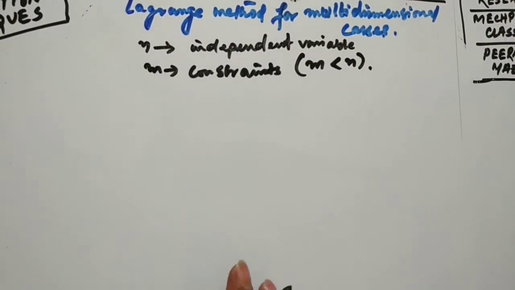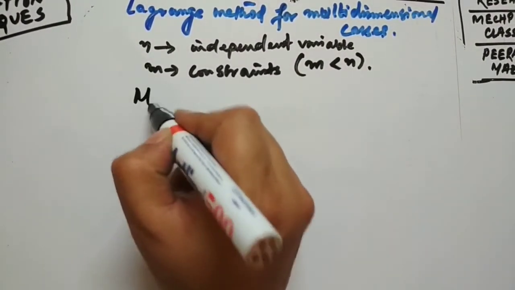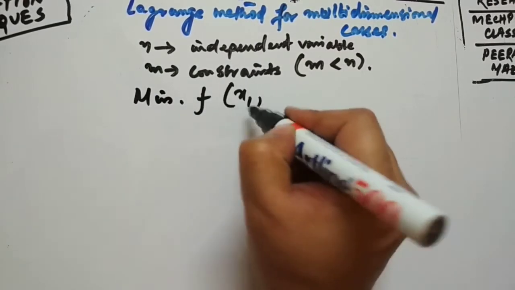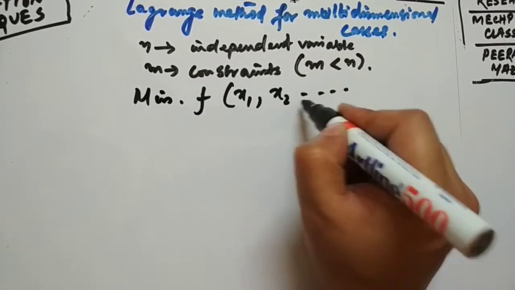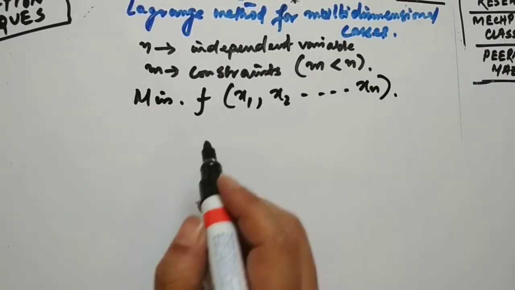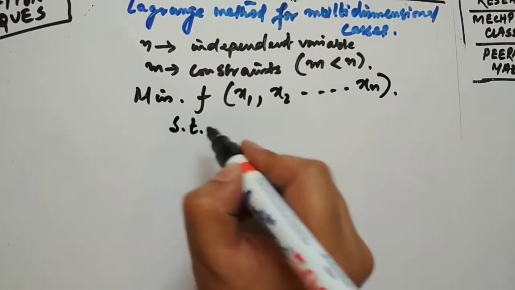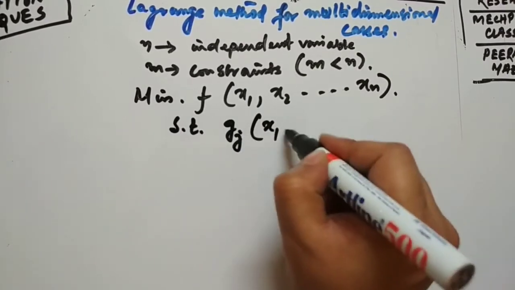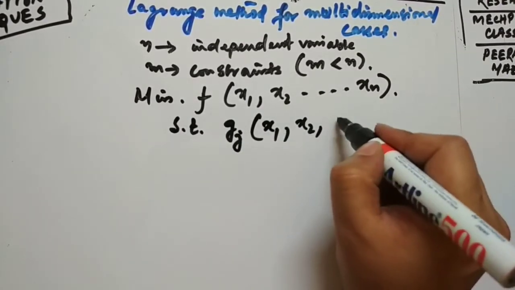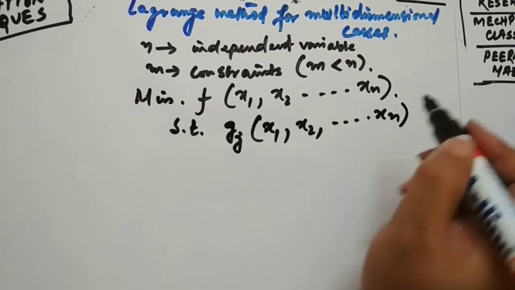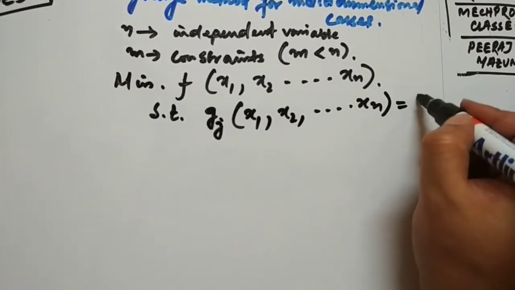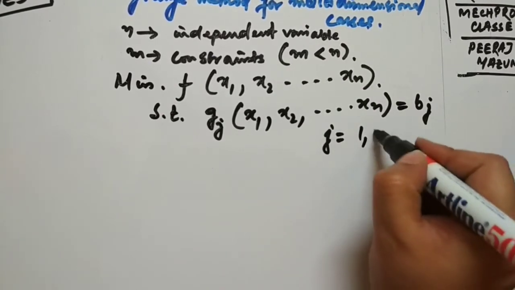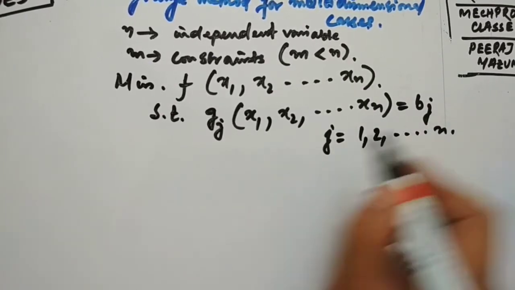Okay, so say you have been given a problem of minimization, say f of x1 comma x2 up to xn, and it is subjected to gj of x1, x2 up to xn equal to bj, and j is 1, 2 up to m.